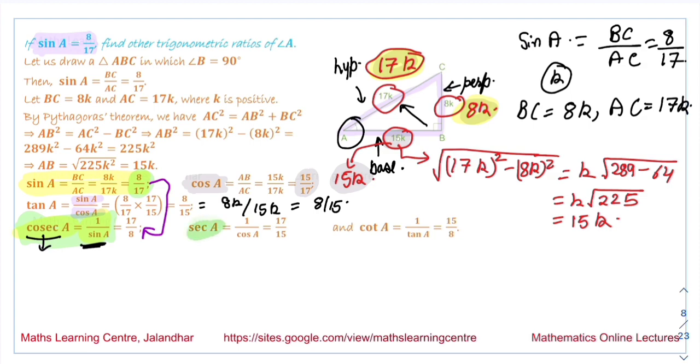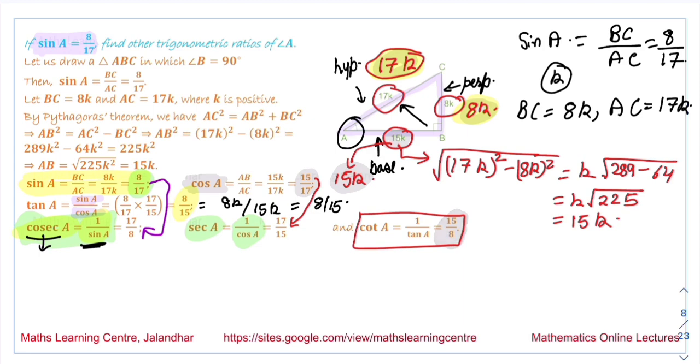Similarly, secant A is the reciprocal of cos A. The answer we get for cos A is 15 by 17, so this answer is 17 by 15. Similarly, cot A is the reciprocal of tan A. The answer we get for tan A is 8 by 15, and for cot A it is 15 by 8.